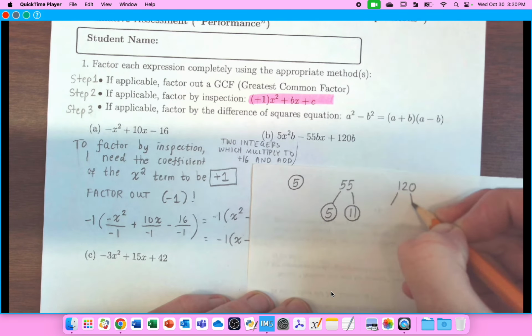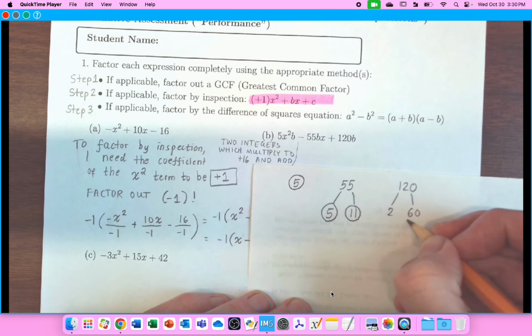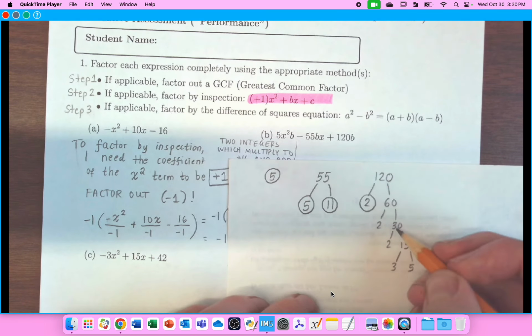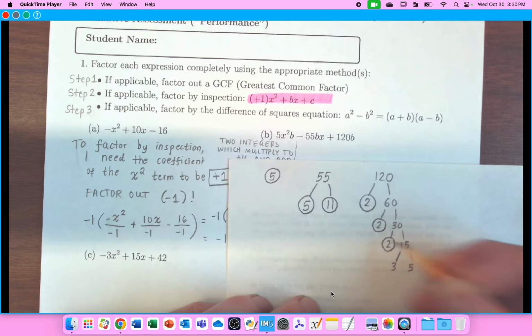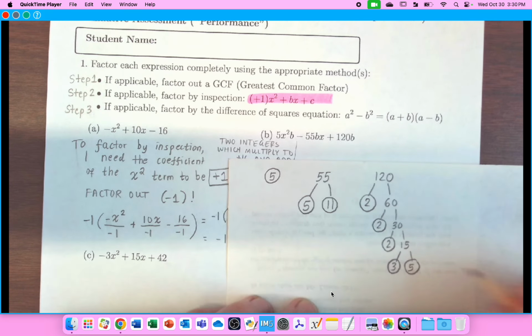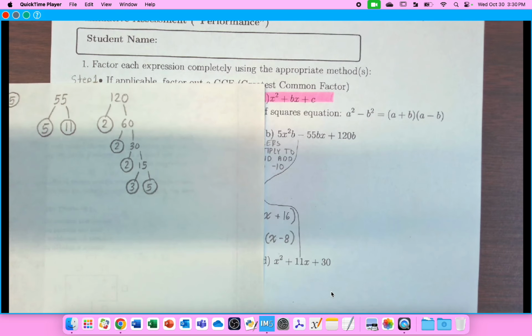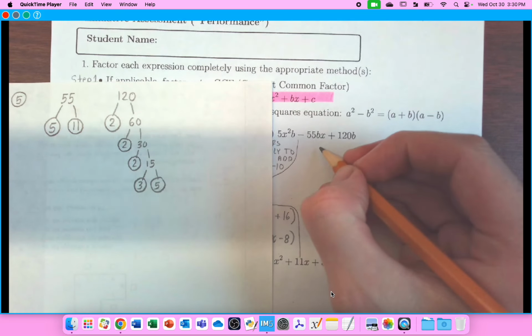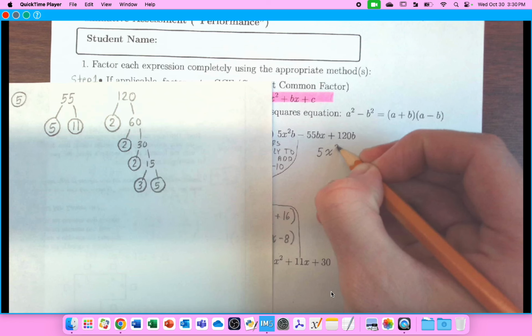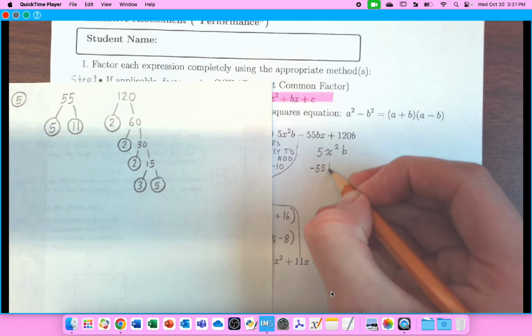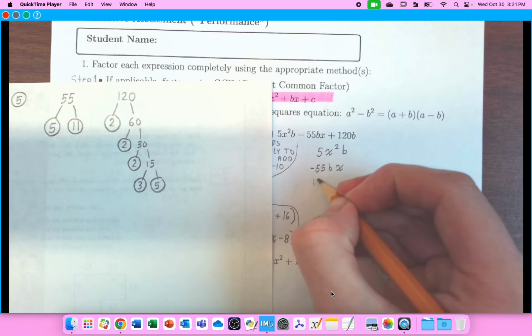120, 2 times 60, 2 times 30, 2 times 15, 3 times 5. So I'm trying to write out all my factors right now. So 5x squared b minus 55bx and 120b.